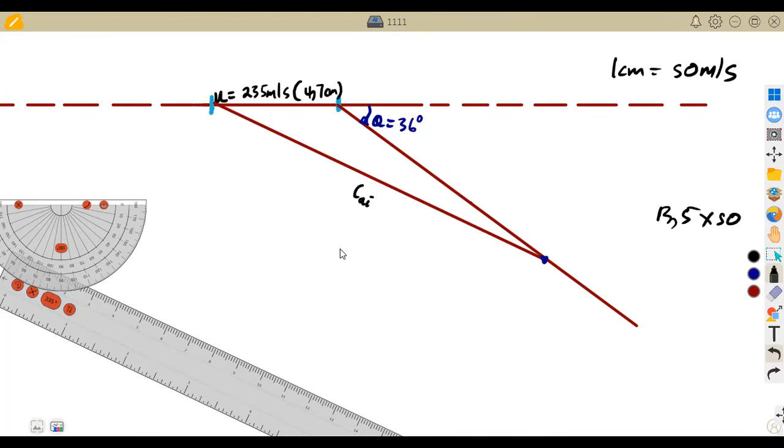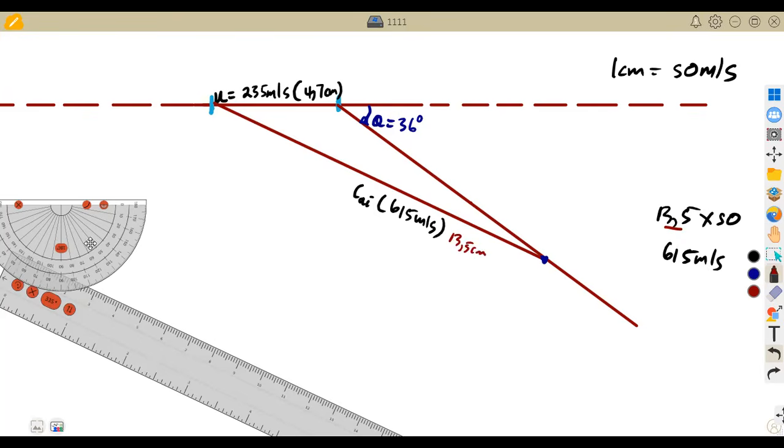So 13,5, which is our inlet, times the speed that we are having, which is to convert in meters per second, is going to give us 615 meters per second. So meaning to say here, we are having 615 meters per second. But in terms of centimeters, remember, it was 13,5. So this is 13,5 centimeters.